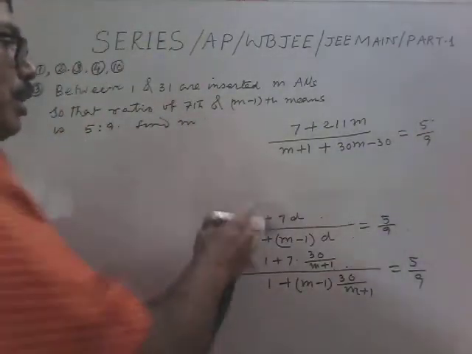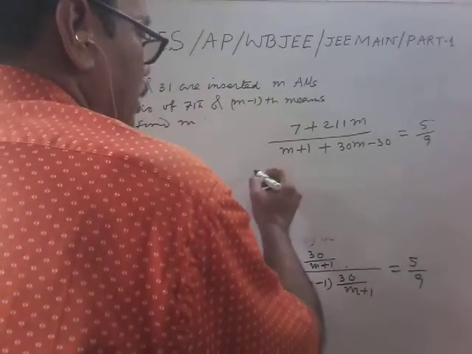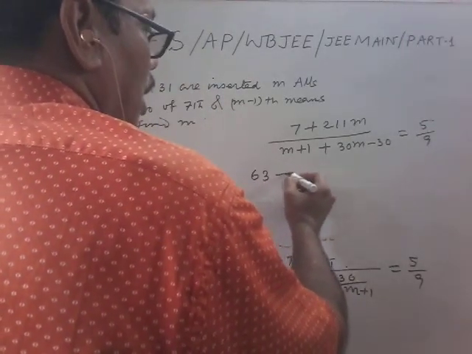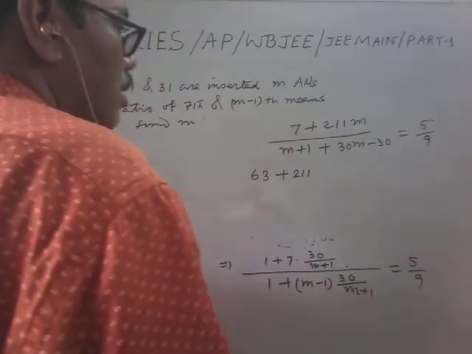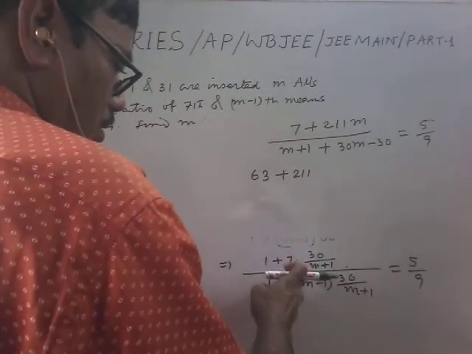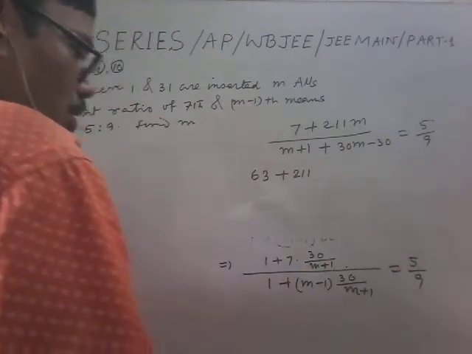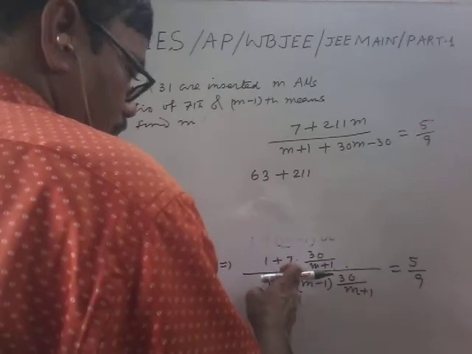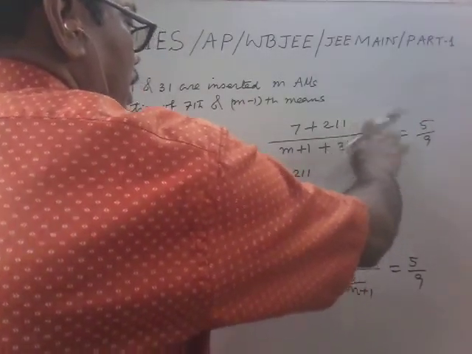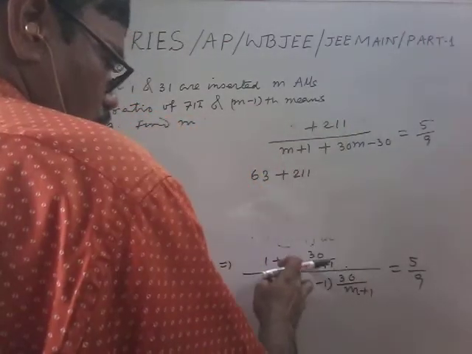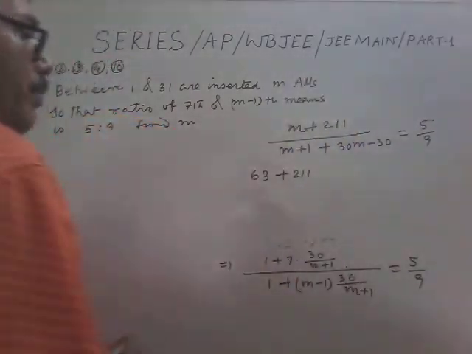Now simplify, we get 63 plus 201, so 210 plus 1. So this is 211 and this is 210 plus 1. This one is m. Sorry.